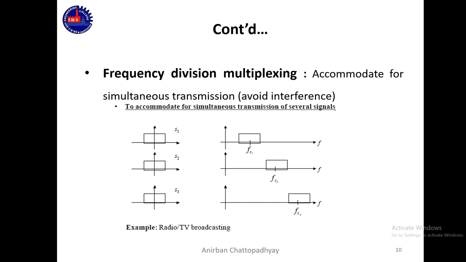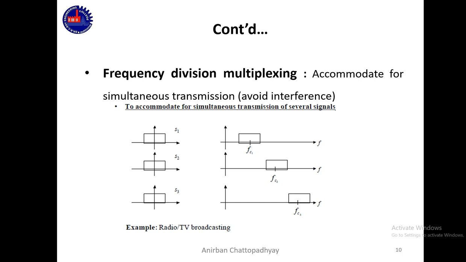Now let us assume all three are transmitting at the same frequency, 20 kilohertz. Then these three different signals will interfere with each other, so it is impossible to extract the original signal.